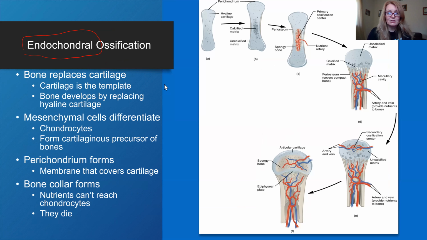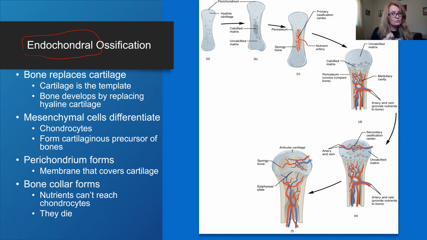Another type of ossification is endochondral. In intramembranous ossification, a membrane is formed first and then bone. In endochondral ossification, a cartilage model is formed first and then bone. So what's going to happen over here?